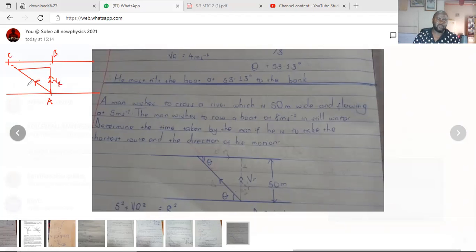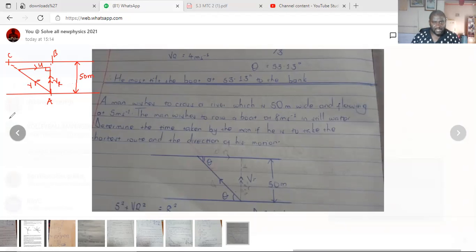This becomes your V. This becomes your U. This is 90 degrees because it's a right angle triangle. The distance between the two banks is 50 meters.